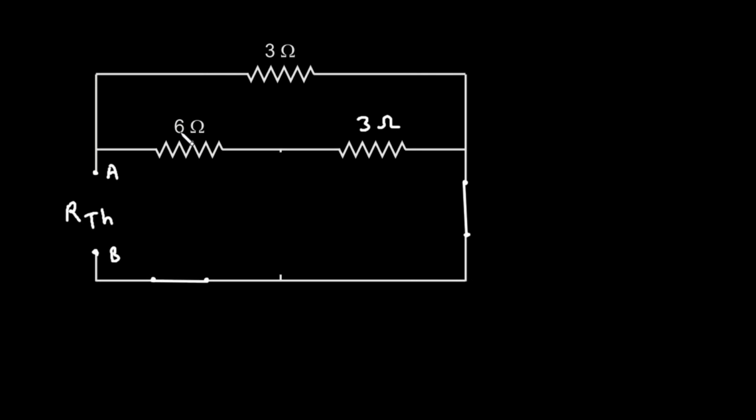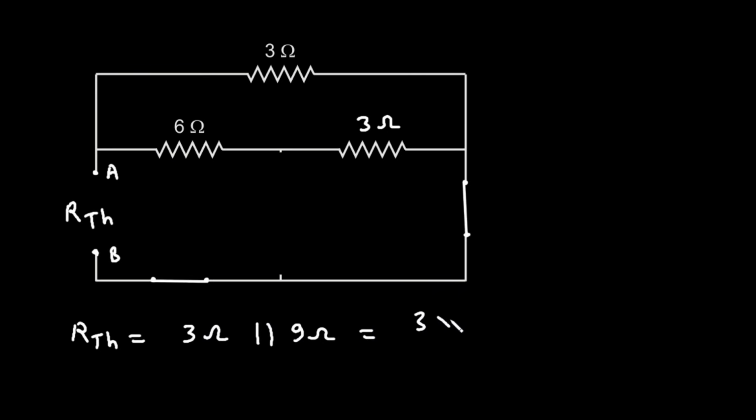Now we can clearly see this 6 ohm and 3 ohm are connected in series and they are connected in parallel with this 3 ohm. So here we can write RTH is equal to 3 ohm parallel with this 9 ohm.